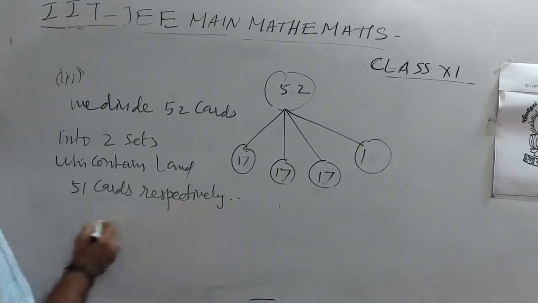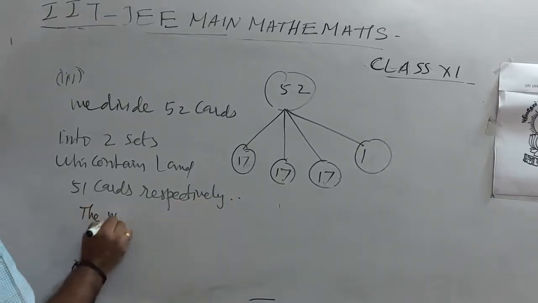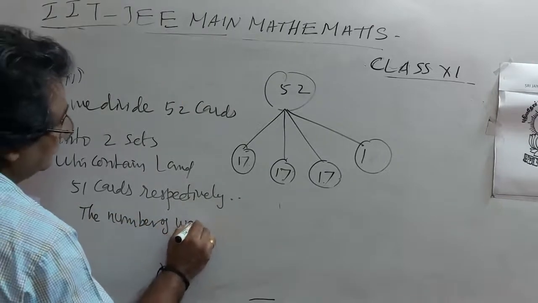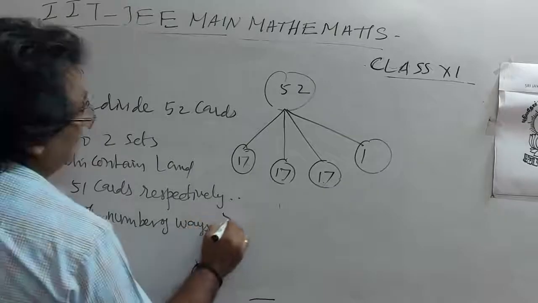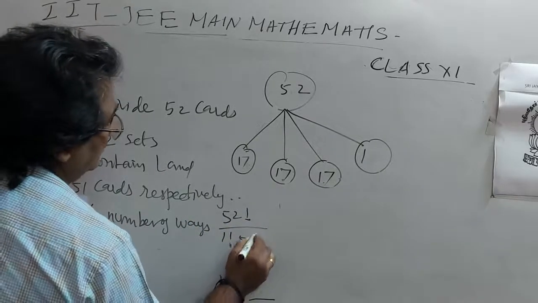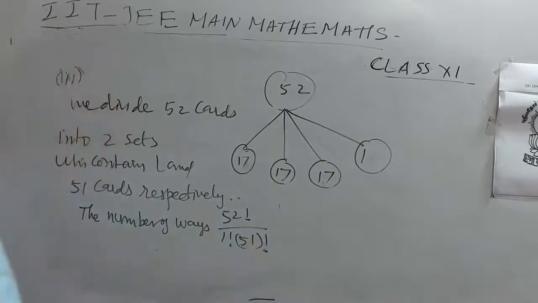So in this case, the number of ways is 52 factorial by 1 factorial into 51 factorial.